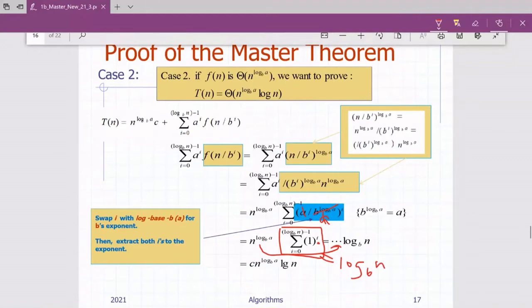And because b is constant, we can use any other constant to replace that. So the result for the second part of the equation will be n^(log_b a) times log n.